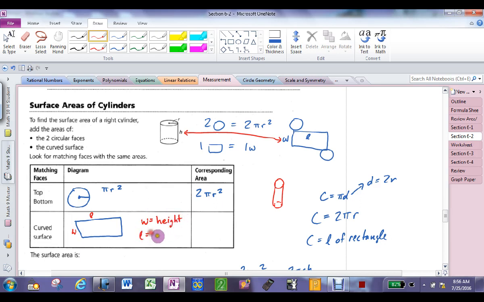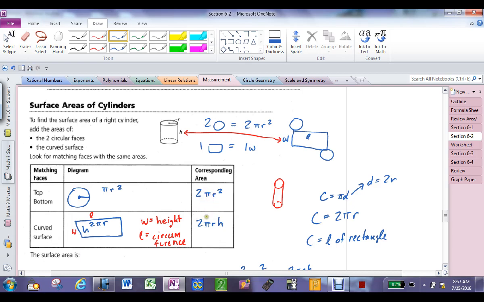And L is the circumference. Right? And we know that the circumference is 2 pi r. Right? So if the L is really 2 pi r, and the W is really h, then this is really 2 pi r h.